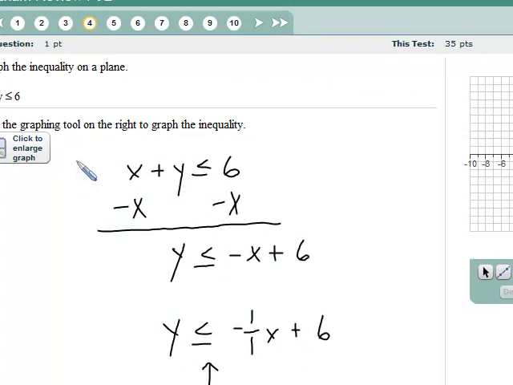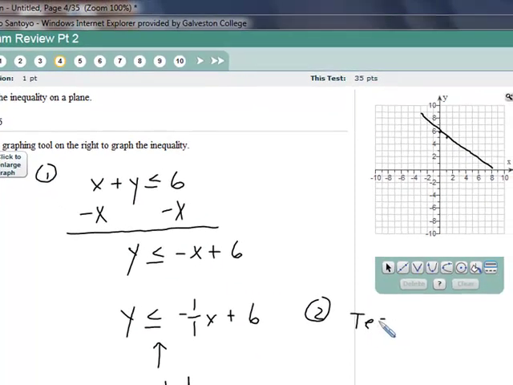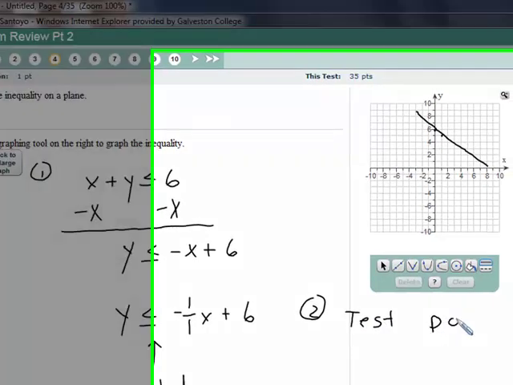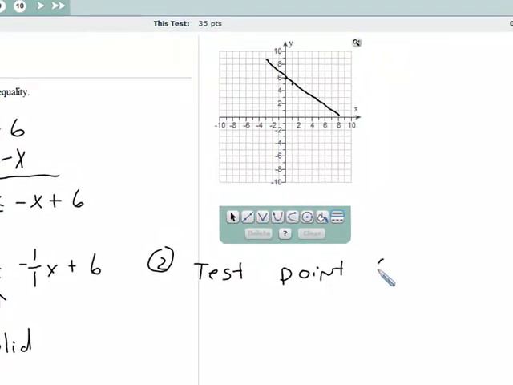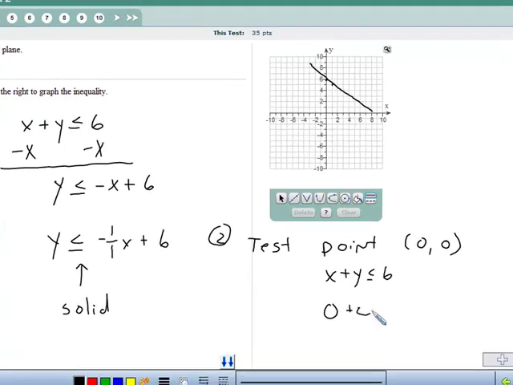So now what we're going to do is pick a test point. A nice easy one is just 0, 0. Let's plug that into our inequality and see if this is true or not. We see this is true. Our test point was right there, so because it's true, this is the side we're going to be shading.